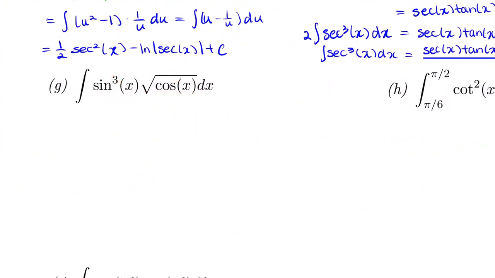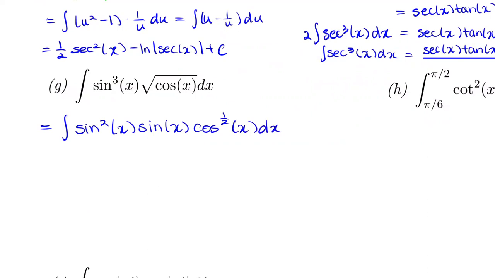So once again, I'm going to break the sine cubed of x into sine squared of x and sine of x. So we have the integral of sine squared of x, sine of x, cos to the half of x. I'll write it like this.